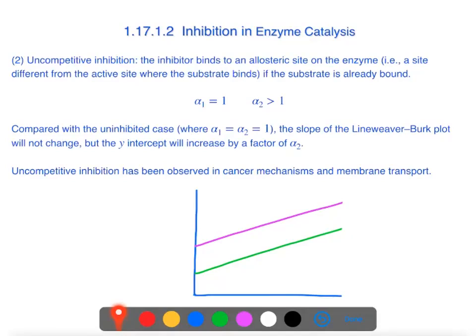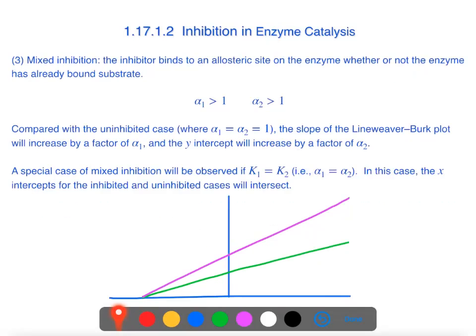This is why we see an effect on the y-intercept, but not an effect on the slope. So shown below in our diagram, the slopes are equivalent, but the y-intercepts are quite different. And this is what we would expect for this type of inhibition. Uncompetitive inhibition has been observed in cancer mechanisms and membrane transport.